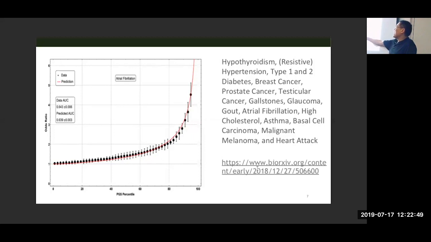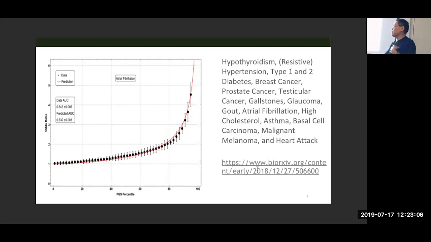And it turns out this red line, this is stuff that theoretical physicists love, this red line can be computed using a simple formula. So we've actually derived a simple formula that produces this red line. And these black dots with error bars are the actual data from a validation set.